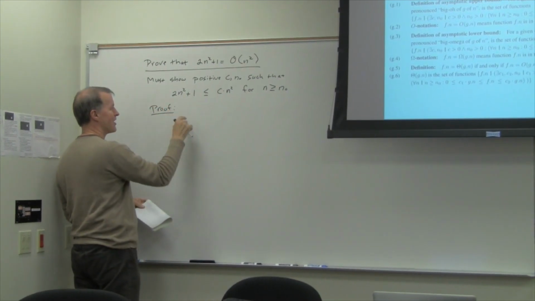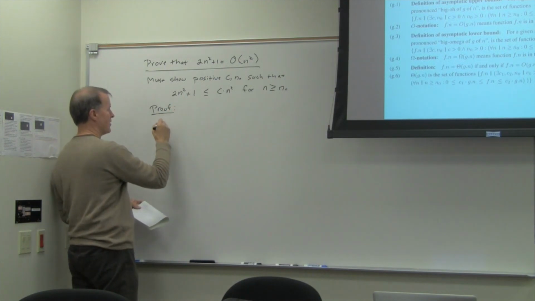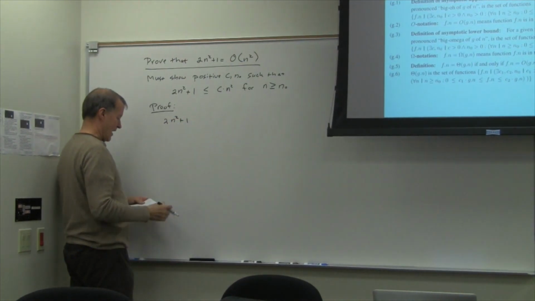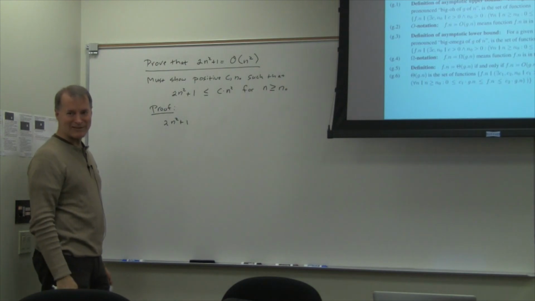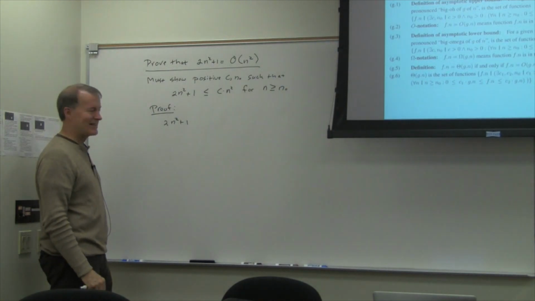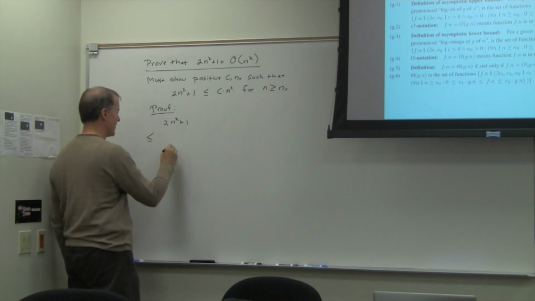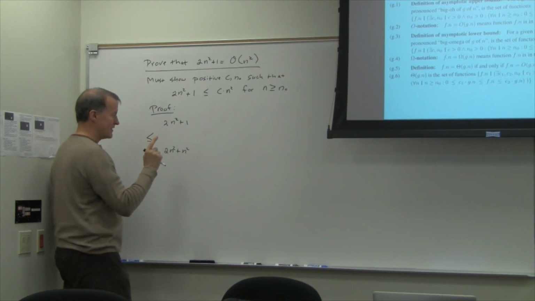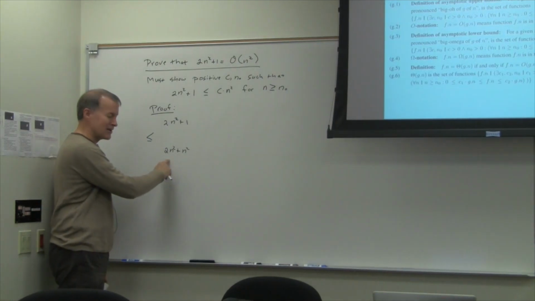And where do we always start? We always start with this. Are you with me? So here we go, 2n squared plus 1. Now, how should we manipulate this? Do you see how to manipulate this? I claim that this is less than or equal to 2n squared plus n squared. You're right. We want this to be n squared so we can combine it with this.